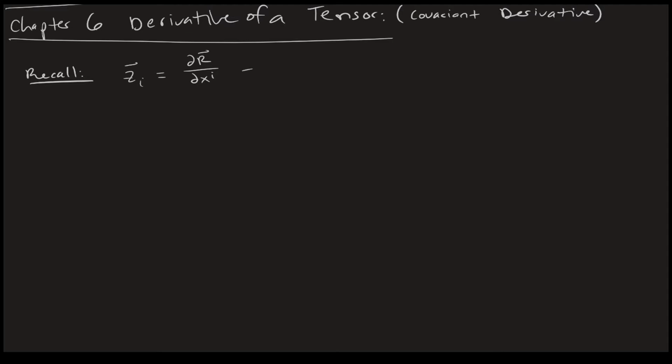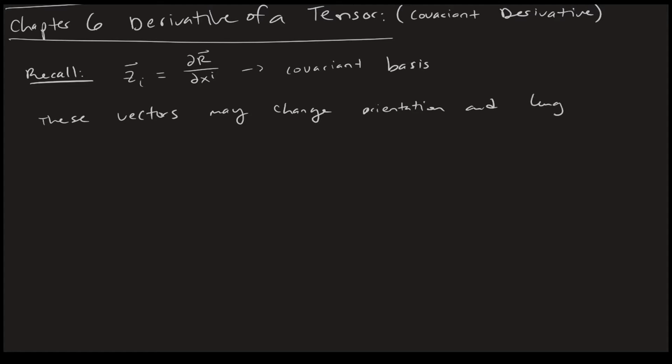So this is the covariant basis when I consider all i values. Recall, these vectors may change orientation and length depending on location.